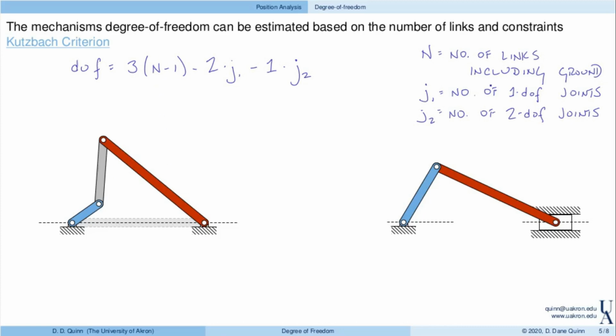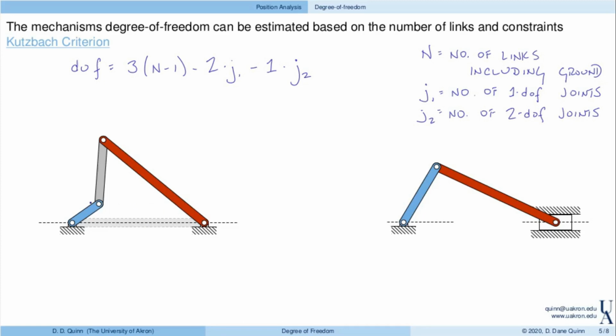And again, we throw the ground in there, so that's why we have the n minus 1. Minus the number of degrees of freedom removed by the 1 degree of freedom joints, minus the number of degrees of freedom removed by the 2 degree of freedom joints. And again, the degree of freedom refers to the number of degrees of freedom that remain after you apply the constraint. So let's look at these 2 examples.